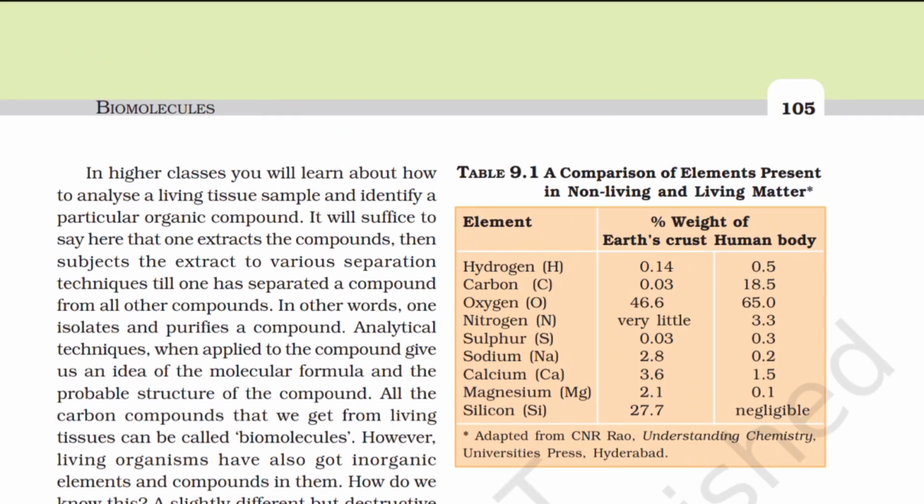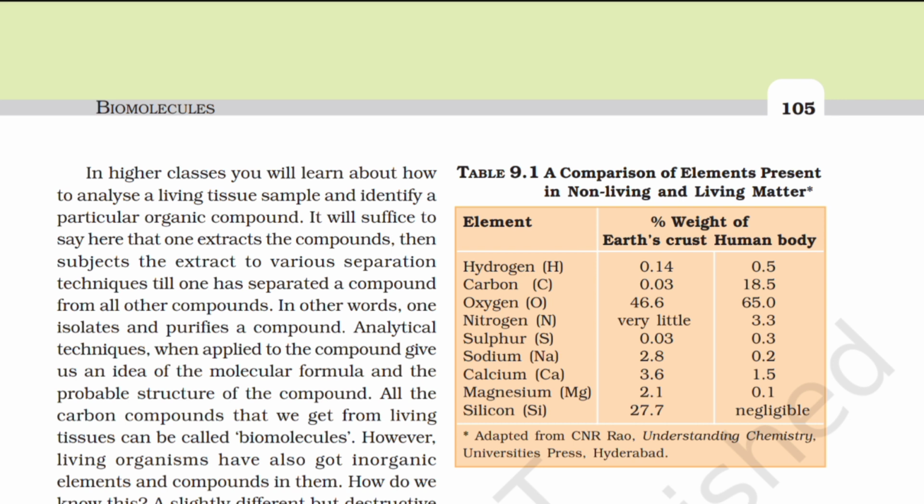Table 9.1. A comparison of elements present in non-living and living matter. Elements: percentage weight of Earth's crust and human body. Hydrogen, H: 0.14% in Earth's crust and 0.5% in human body.